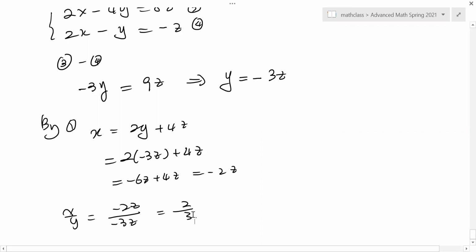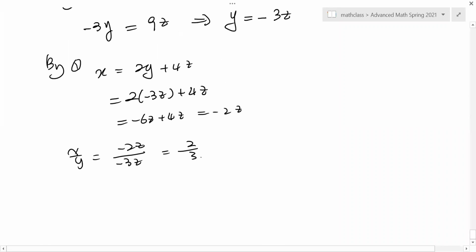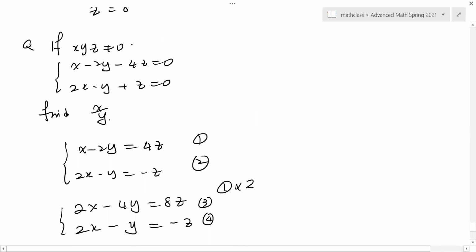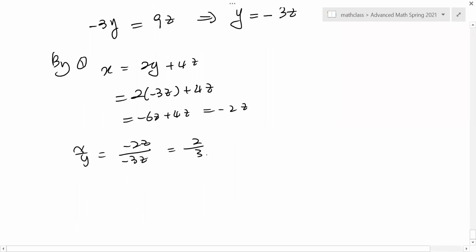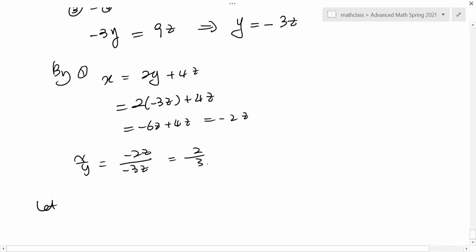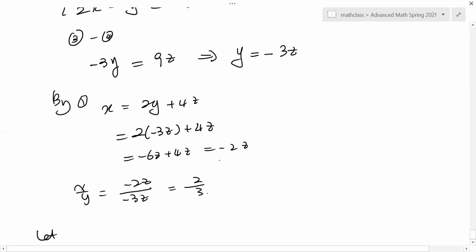So you are going to get infinitely many solutions. We can express the general solution in the following form. z can be an arbitrary value, so we can let z be t.